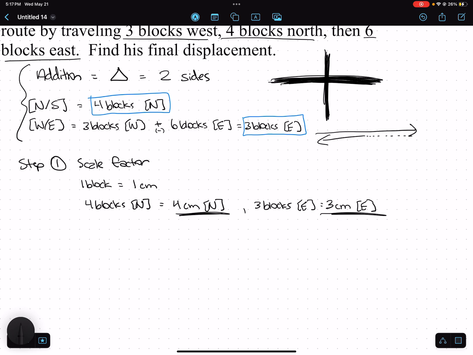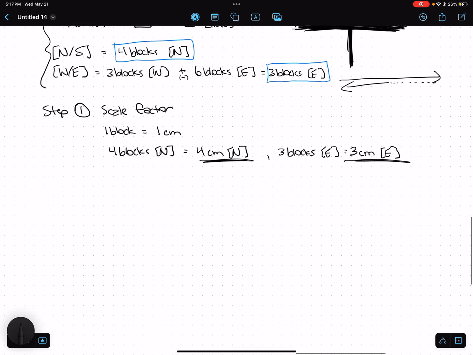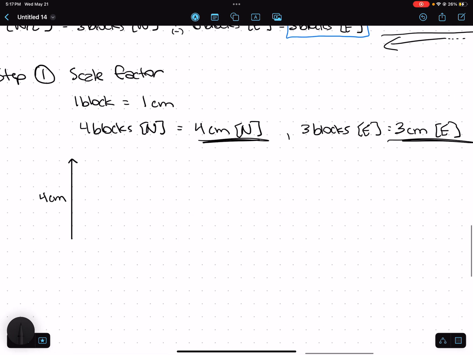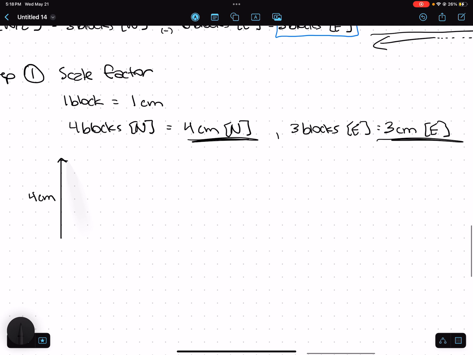And I am going to draw this very accurately. Okay? So if we do this, we are going to draw a 4 centimeter line going north. We are going to label that 4 centimeters. And then we are going to draw 3 centimeters towards the east. 3 centimeters.